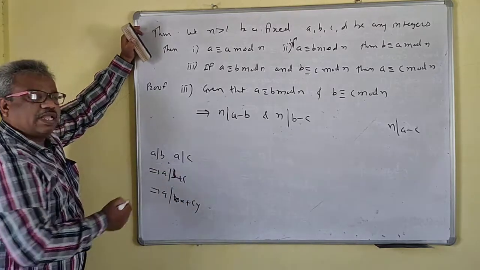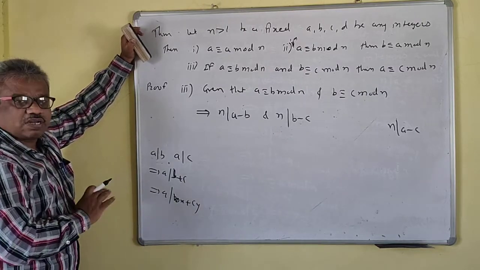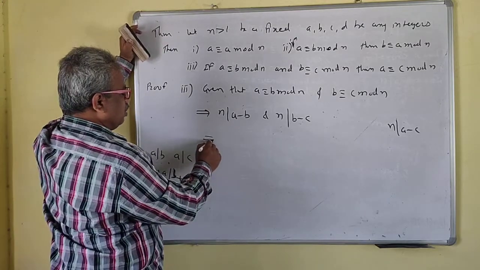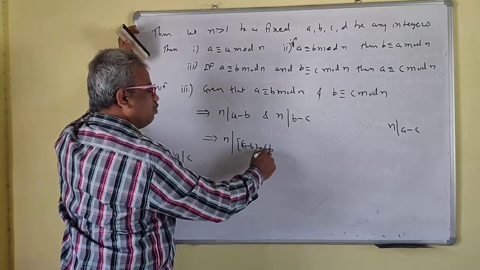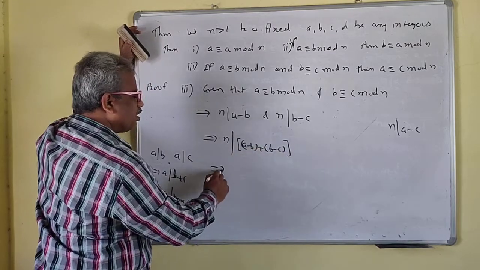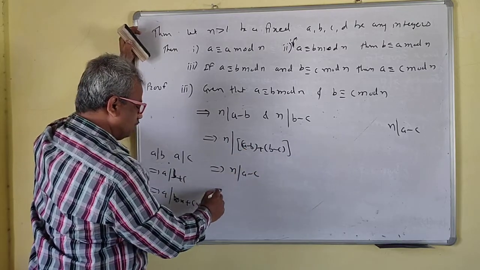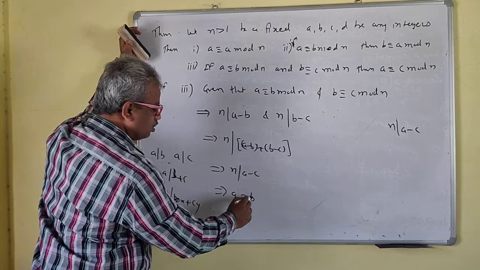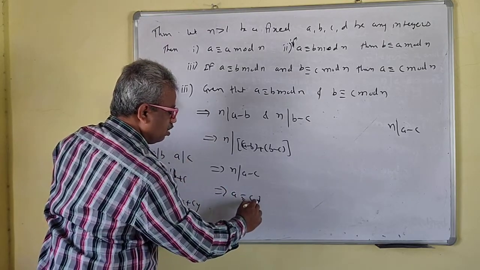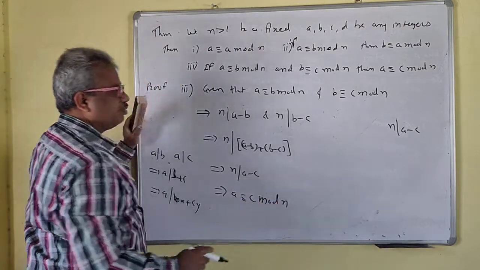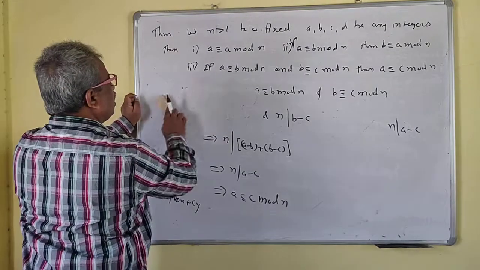So here you just take the addition: n divides a minus b plus b minus c. What does this imply then? n divides a minus c, since b gets cancelled. And this is, just by the definition of congruence modulo n, a is congruent to c mod n. So we are through. Okay, so now we'll take another thing.